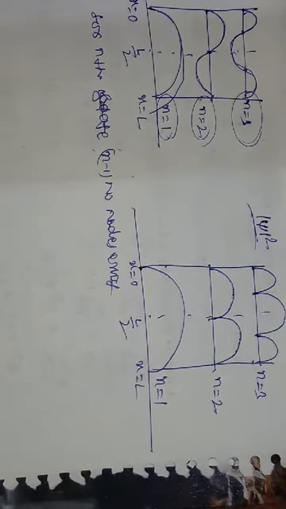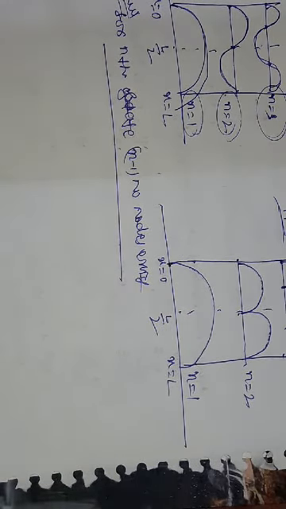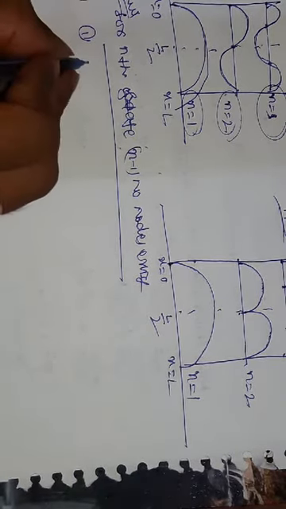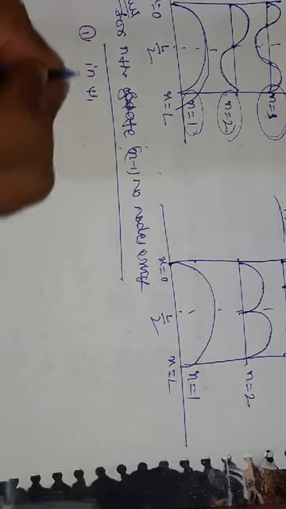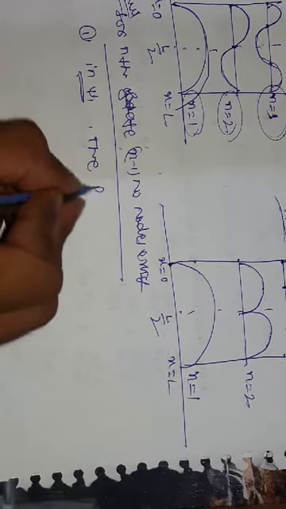Okay, clear? So note this is the node. For the nth state, n minus 1 number of nodes exist in that diagram. Then another point: in psi 1 for the first ground state, the probability is maximum at what point?